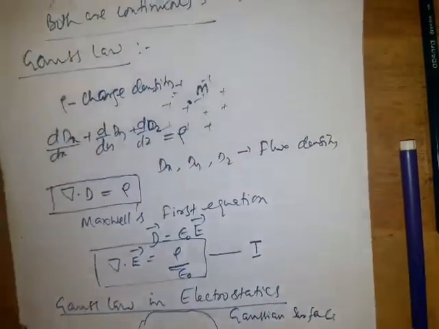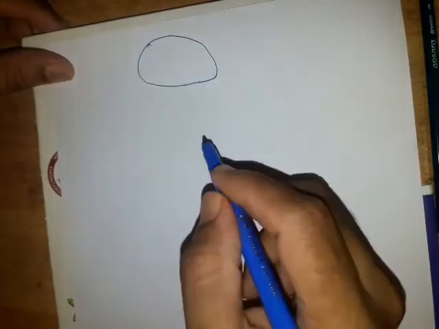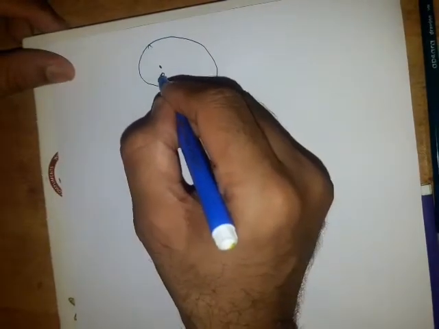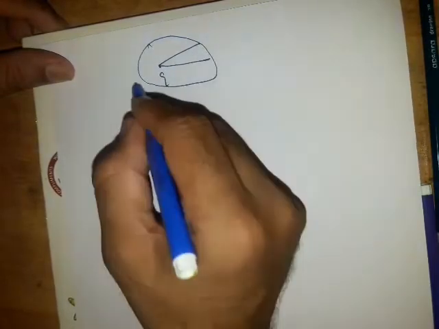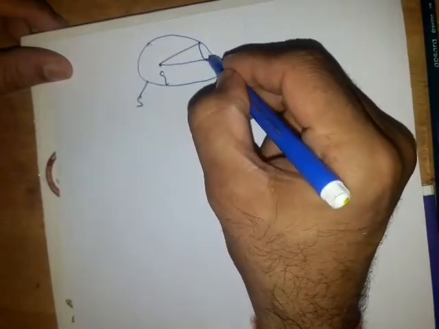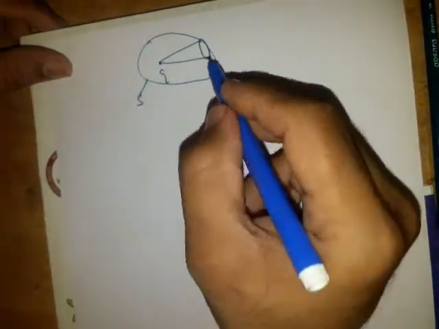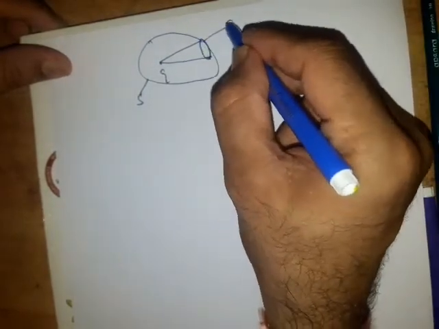Any surface enclosing a charge we call a Gaussian surface. Now let us consider one such Gaussian surface, and here is a charge q. This surface I call S, and let this S be divided into small elemental surfaces ds.